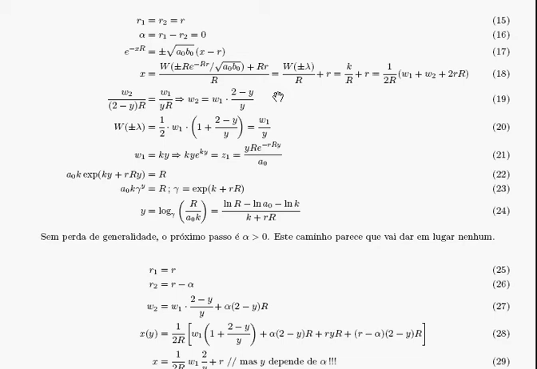1/2 w1 fraction equals to w1 over y. Okay, this is simplified. We have minus 1 plus 1, 2 over 2. Who is y1?